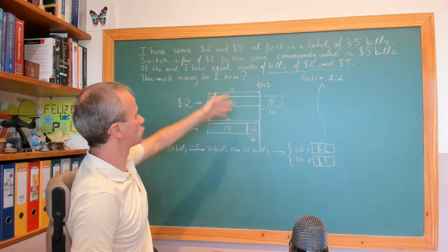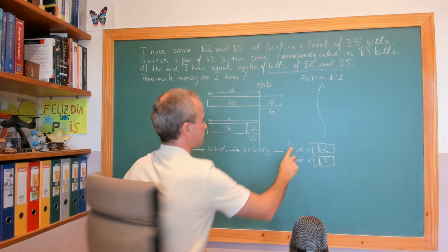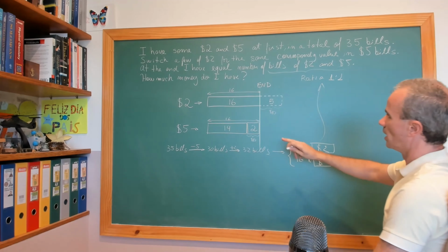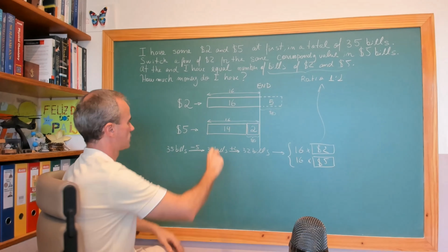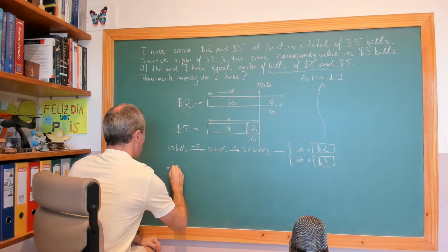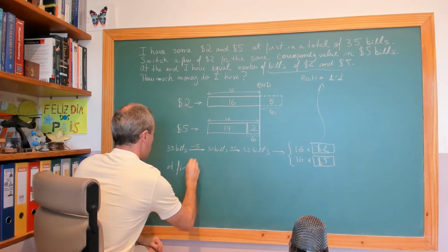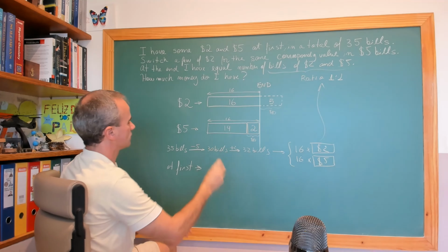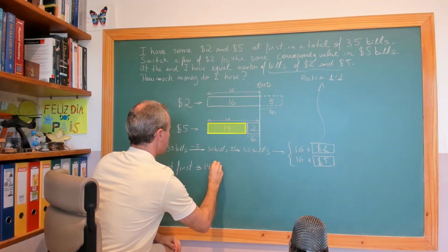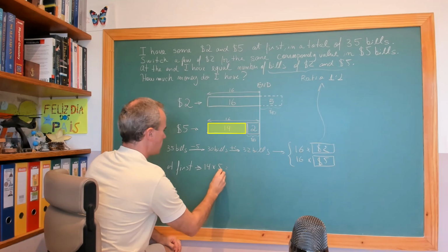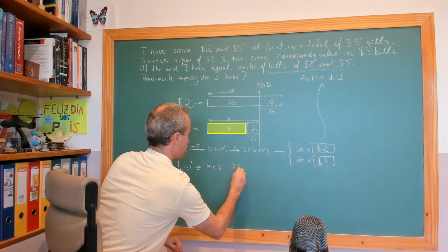So how much money do I have? Well, be careful. Let's go at first. So at first, how much money do I have? I had 14 bills of 5. That gives what? $70.